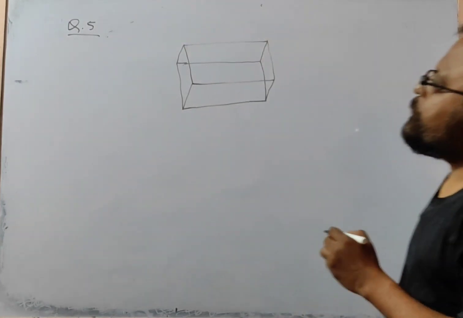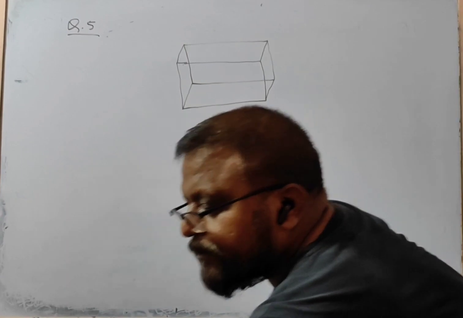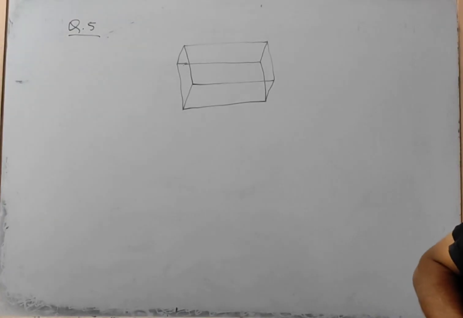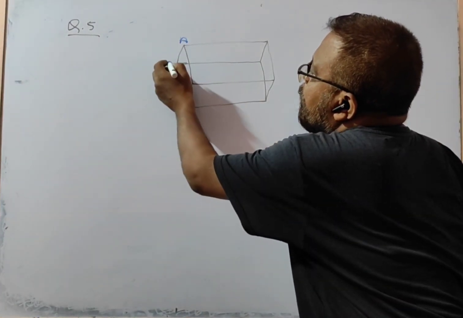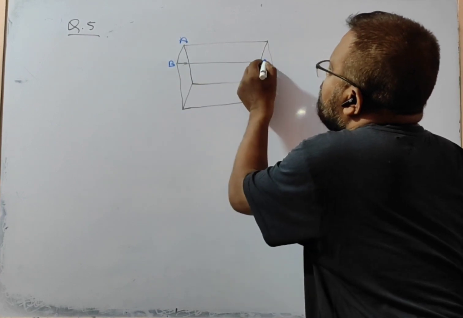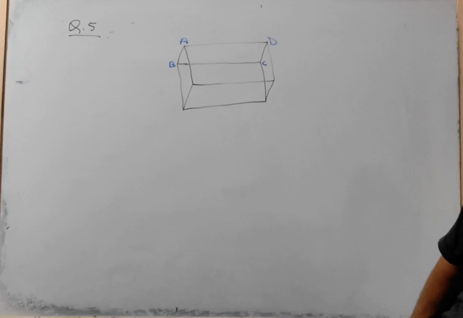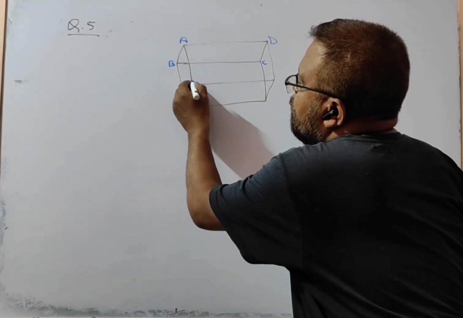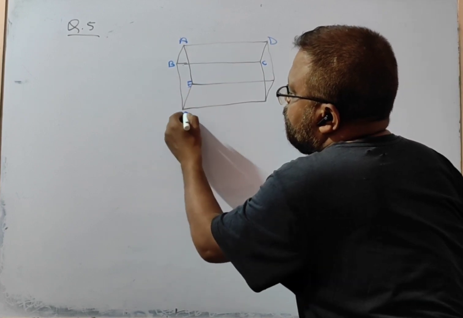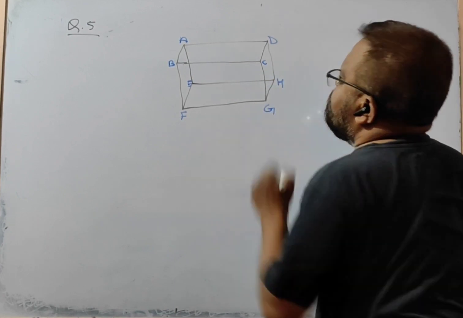Yeah, this is a cuboid, right? And the cuboid has vertices A, B, C, and D, and it is having E, F, G, and H, right?